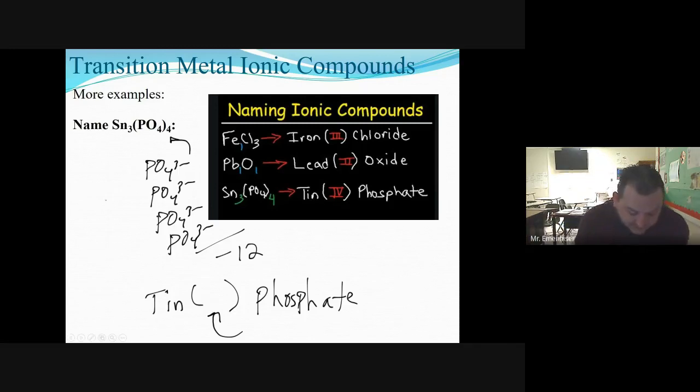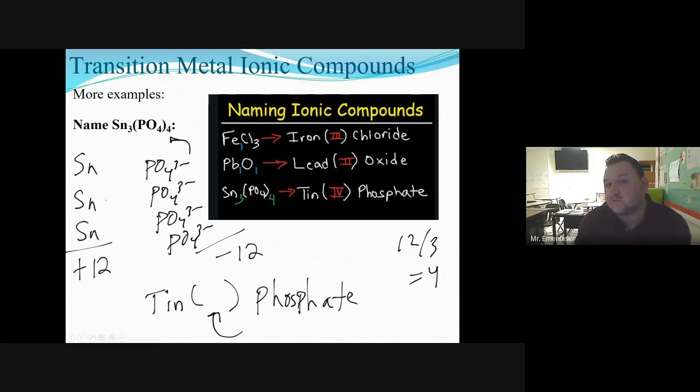I got 3 Sn atoms, and they have to add up to a +12. So what do each of those Sn atoms need for that charge? +12, so that's 12 divided by 3, which is 4. So each of them requires a +4 charge. All right, let's add these up. 4 plus 4 plus 4 is 12. 3 plus 3 plus 3 plus 3 is 12.